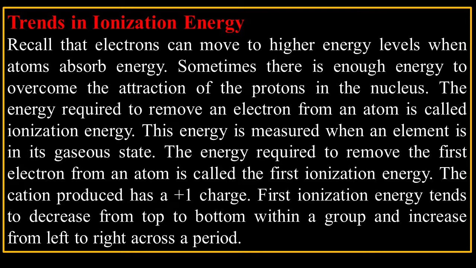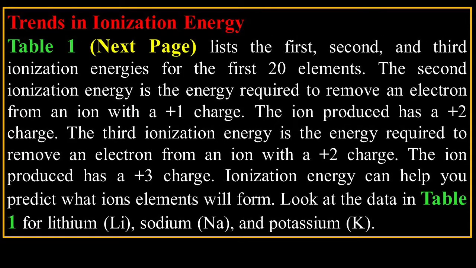The energy required to remove the first electron from an atom is called the first ionization energy. The cation produced has a +1 charge. First ionization energy tends to decrease from top to bottom, because the electrons are more loosely held in the larger atoms within a group, and increase from left to right across a period, as the structure becomes more like a noble gas.